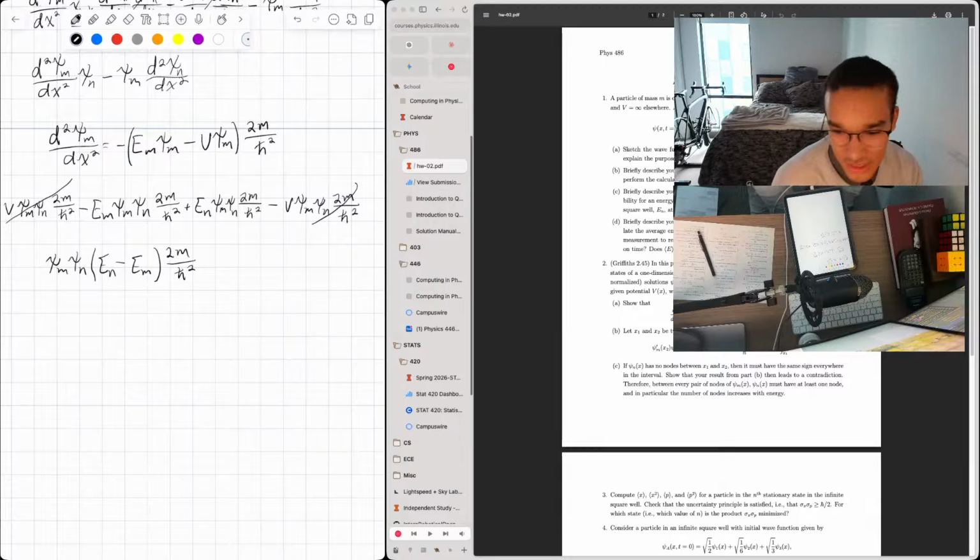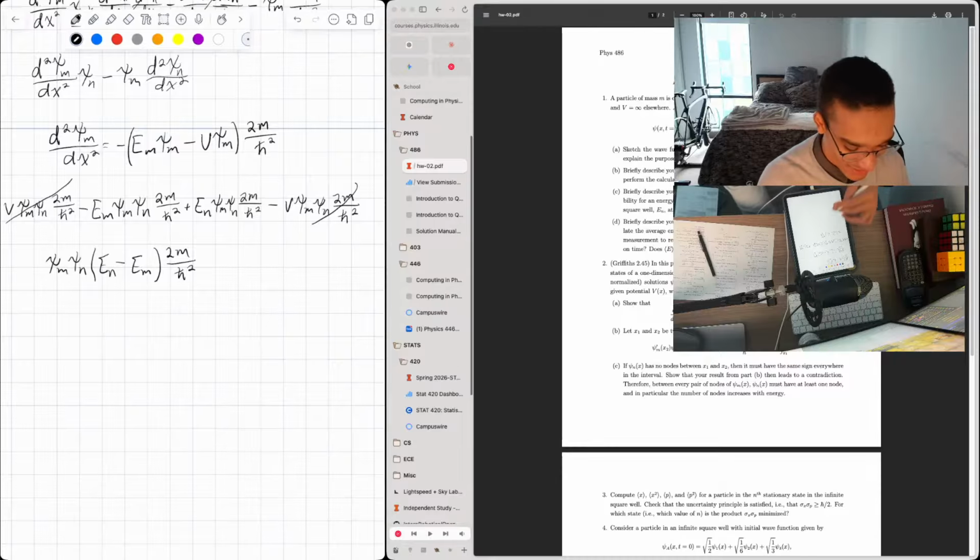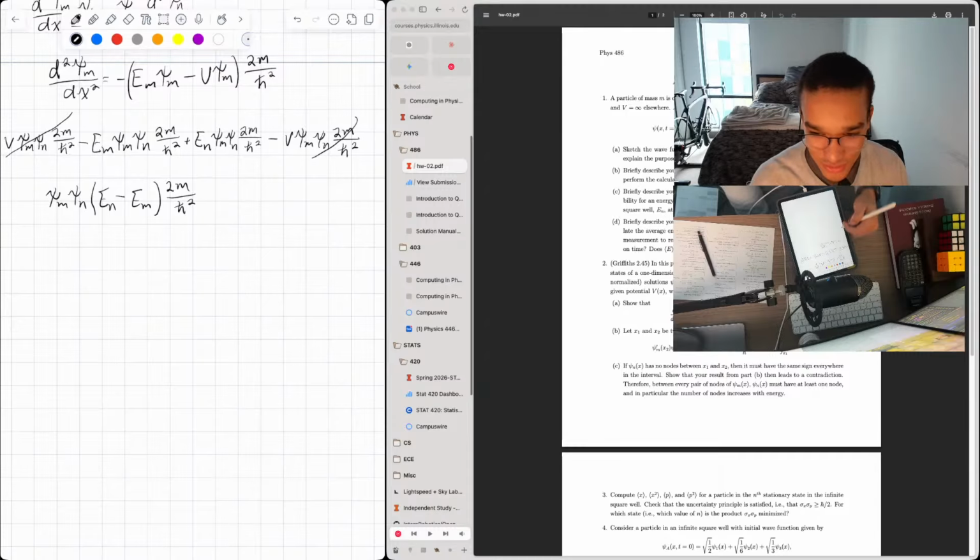I remember this solution. I was like, what is he talking about? Oh, you just integrate both sides of the solution from part A. Yeah, just integrate both sides of the solution. This is trivial.